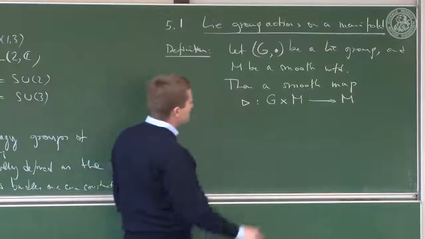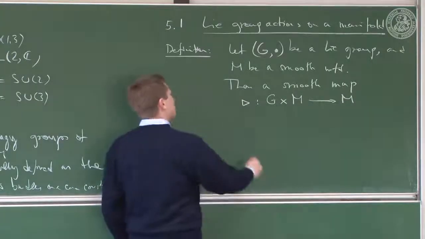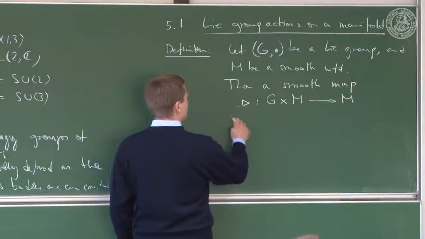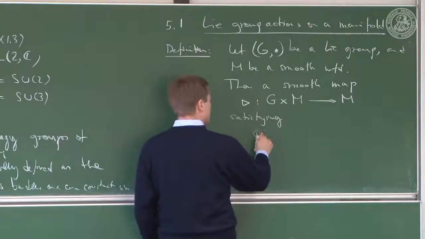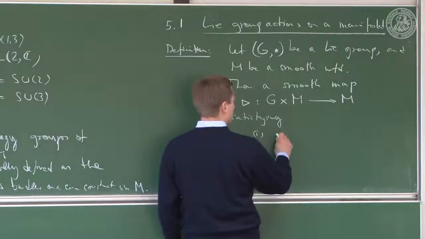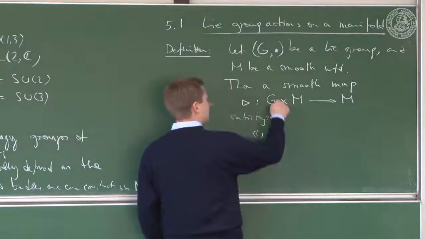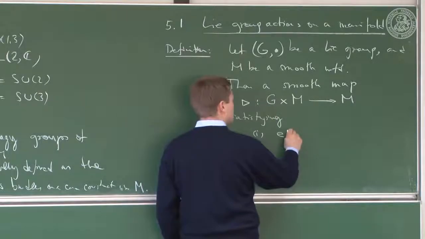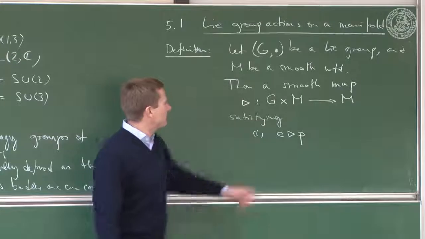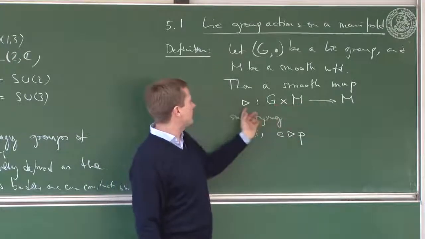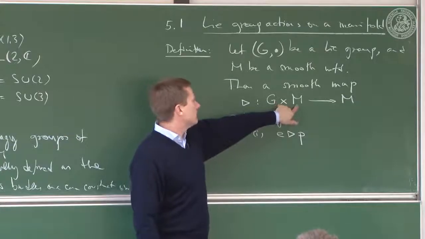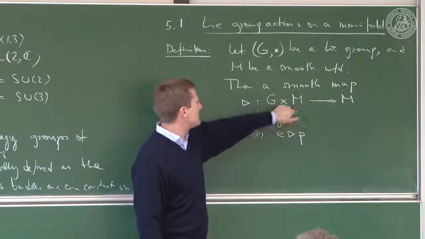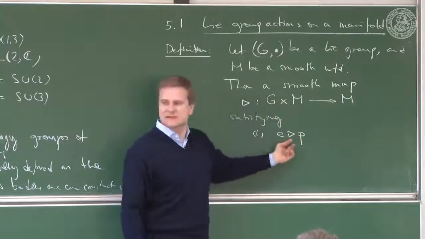Then a smooth map, G times M to M, satisfying two conditions. First of all, if I take the identity in the Lie group and let it act on a point P in M, like so often if a map depends on two arguments, it goes from a Cartesian product to somewhere, we put this in between there.